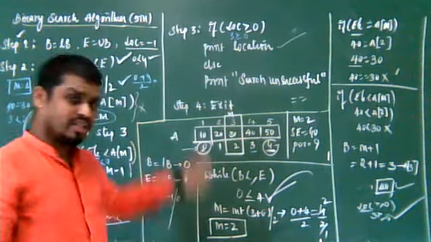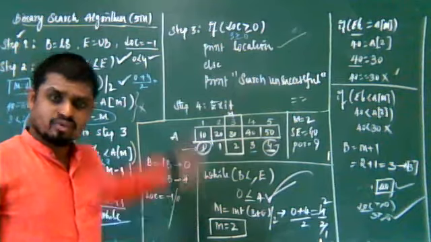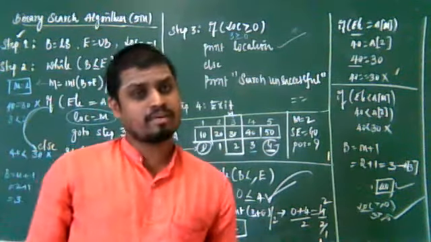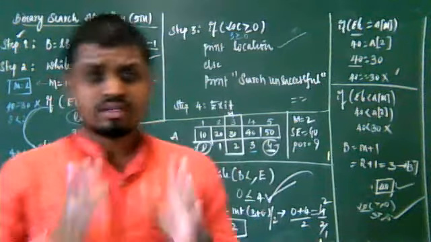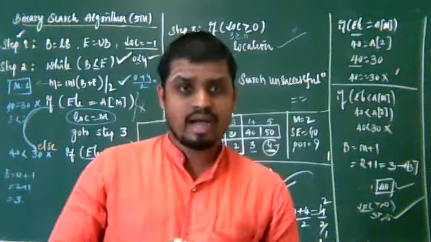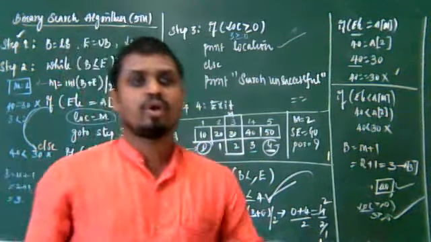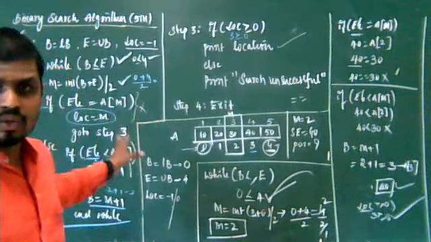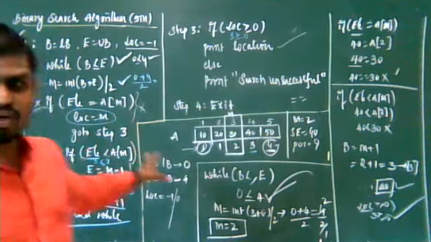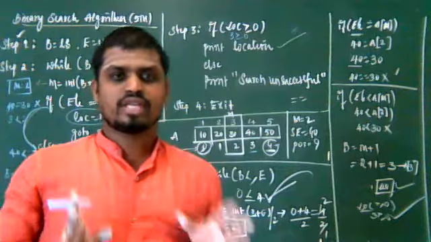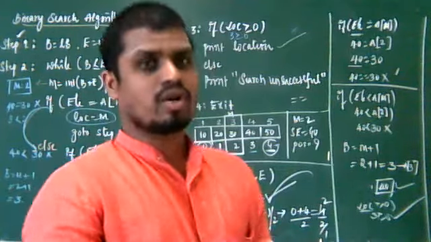You just copy this algorithm. Next session, I'll come with one more example of the same concept because this algorithm is very, very important, and you have a lab program, a practical program, on this particular algorithm. The same logic you are going to apply in the program and you need to execute things. Hope all of you understood the concept.